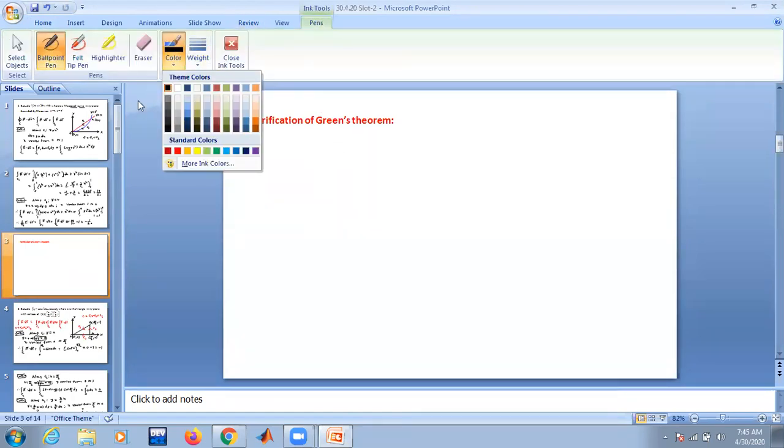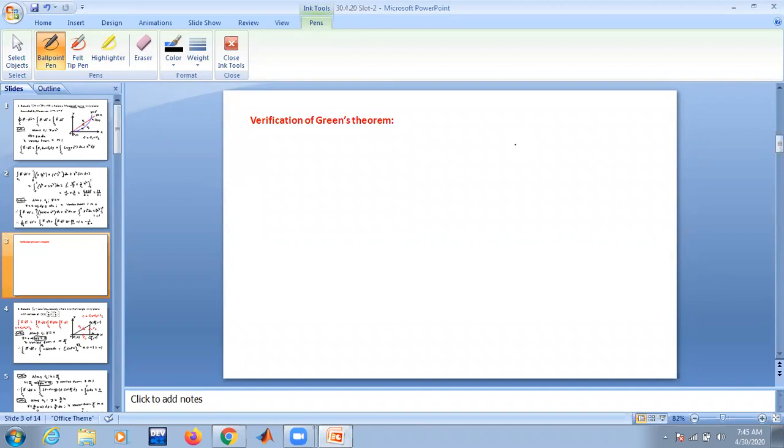So we'll quickly draw the curve. Our curve is like this. It is in the xy plane, bounded by this right line and the parabola. This is our curve, and the interior region is called R. Let us call this R. This is y equal to x square, and this is y equal to x.